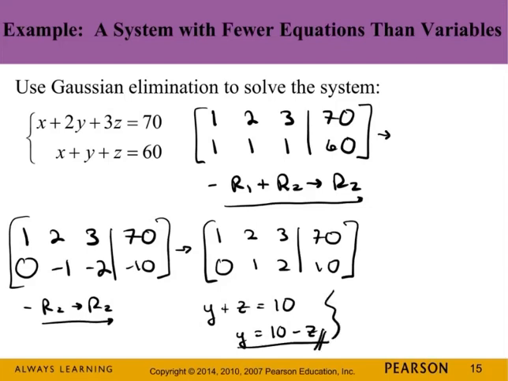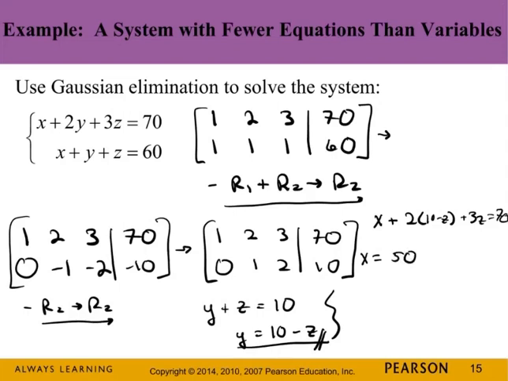And then the first row is saying X plus 2Y plus 3Z equals 70, kind of out of space. But our Y is 10 minus Z. So then if we solve for X, if we subtract 20, that becomes 50.